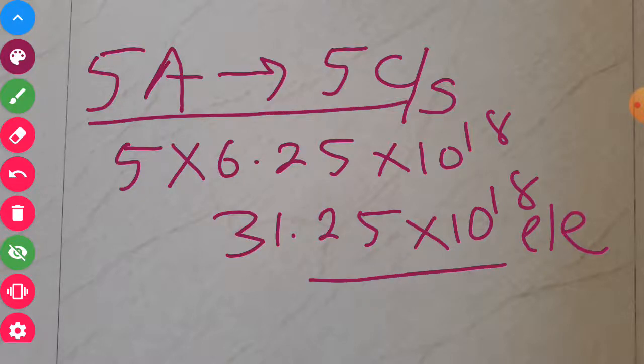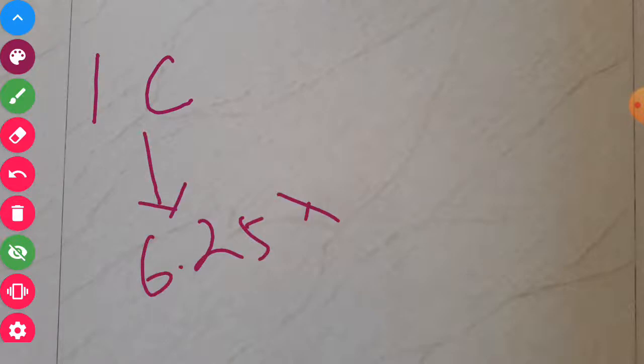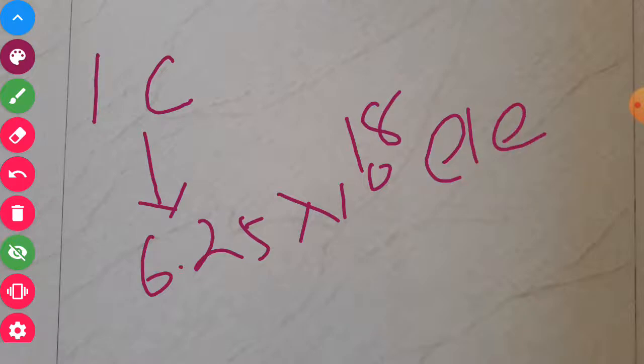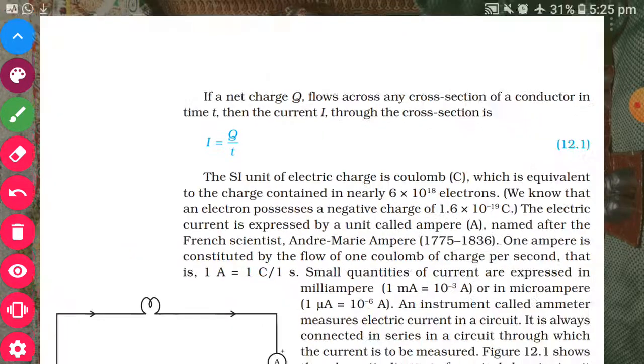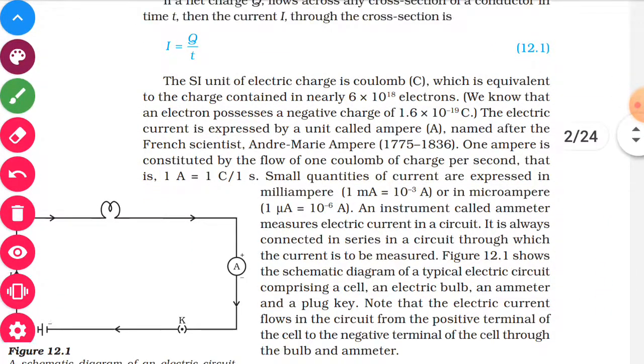Similarly 15 you can find. So 1 coulomb charge means how many electrons? 6.25 into 10 raised to 18 electrons. Okay, so this is some basic understanding.